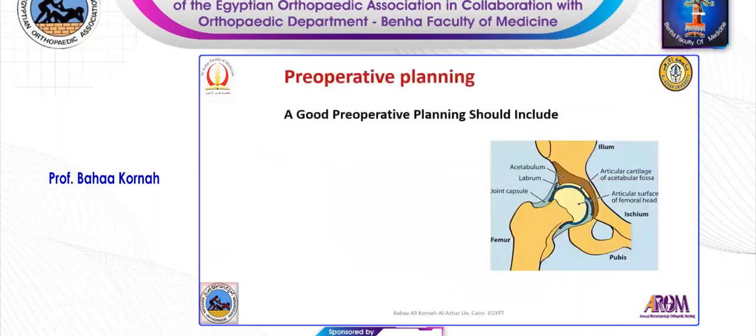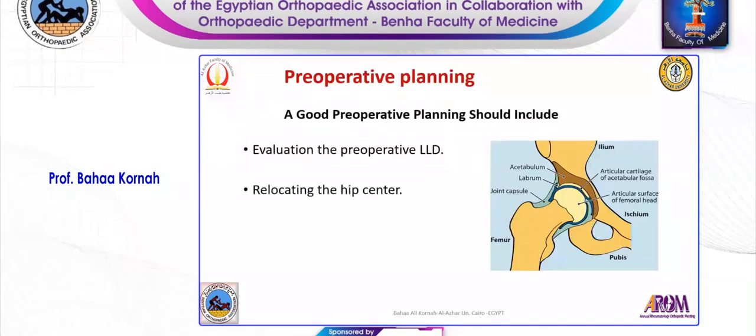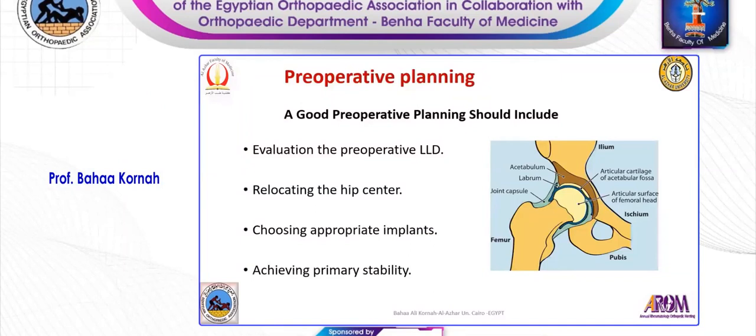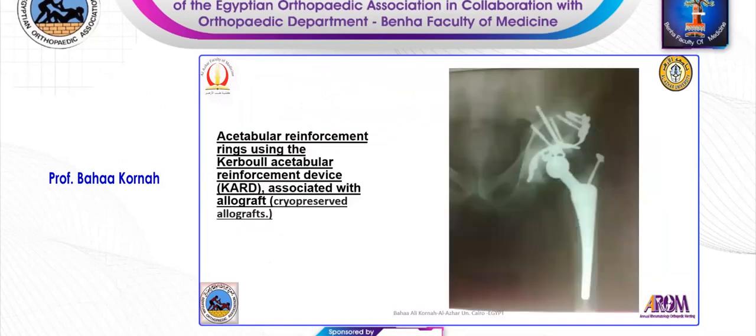So the pre-operative planning is evaluation of the lower limb discrepancy, relocating the hip center, choosing the appropriate implant and achieving primary stability. This is a post-operative case. We did an assembly reinforcement ring using the acetabular reinforcement device associated with cryopreserved allograft.